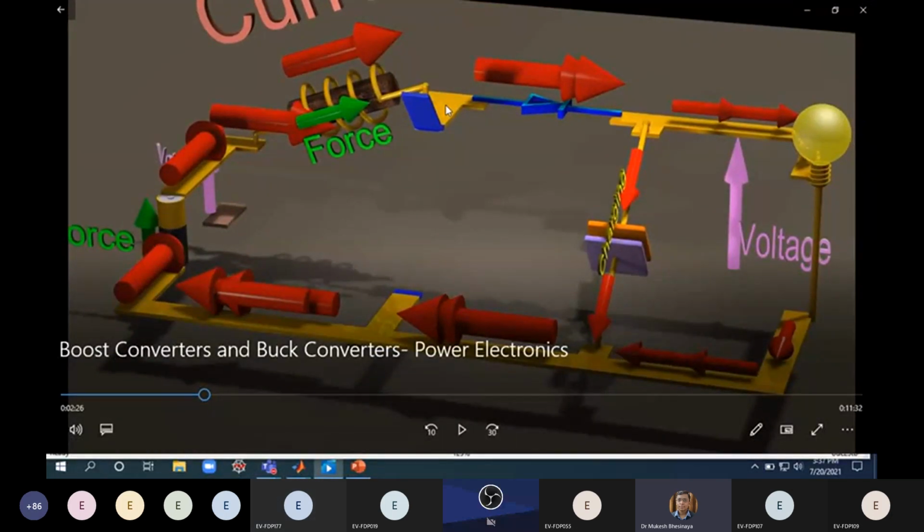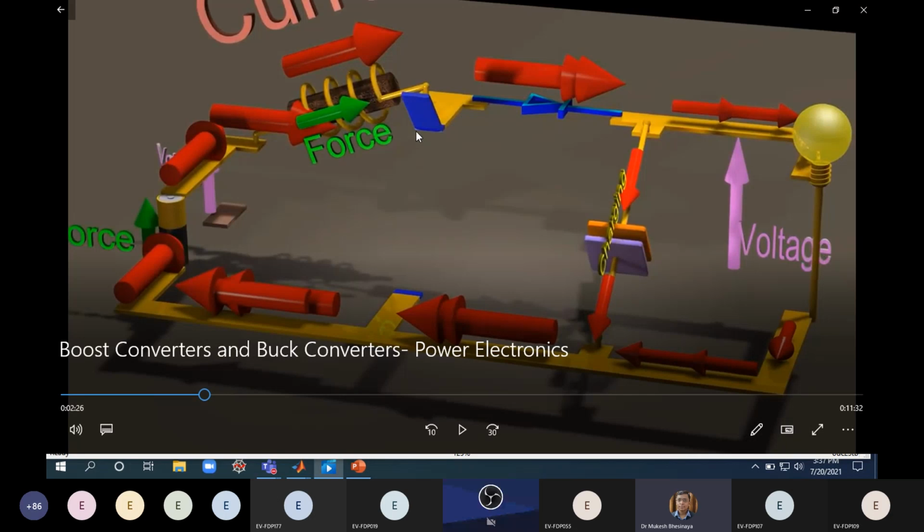So this is the configuration of a boost converter, right? The output voltage is higher than the input voltage. We have connected this switch, the diode, and the inductor in such a way that when the switch is closed, the energy from the battery is stored in the inductor.